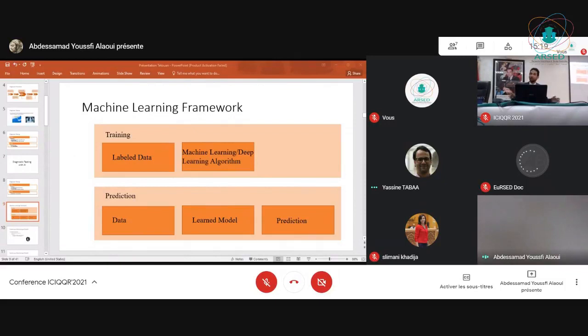Or you can use a statistical model like ARIMA or SARIMA, etc. Or you can use a recurrent neural network to predict the signal. In healthcare, it's the same thing.